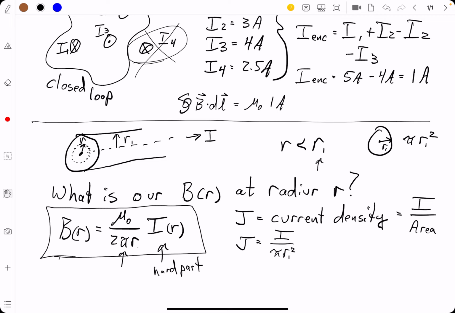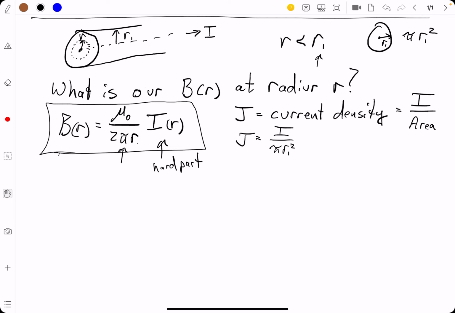What about our I of r? So I of r, if we rewrite this equation, you can rewrite it as I of r is equal to J. We just figured out what J was, so that's nice.